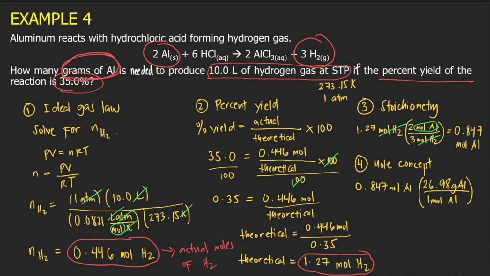So the moles of aluminum will cancel. Now you have grams of aluminum. And then you solve this using your calculator. 0.847 times 26.98 divided by 1. This is approximately equal to 22.9 grams of aluminum. And this is the final answer for example 4.